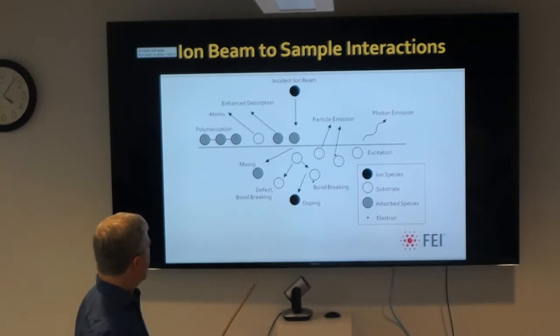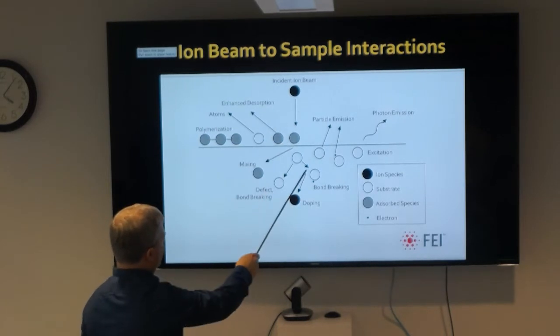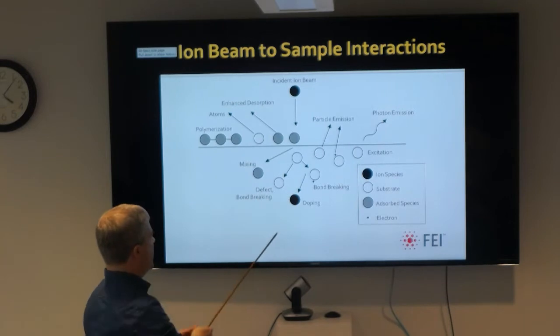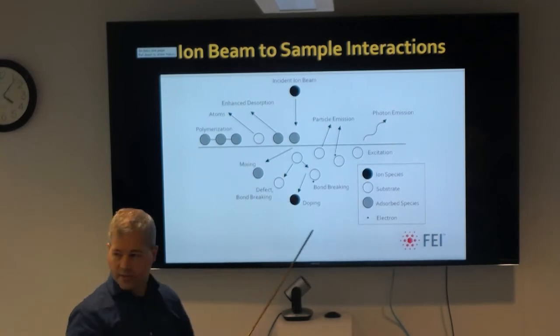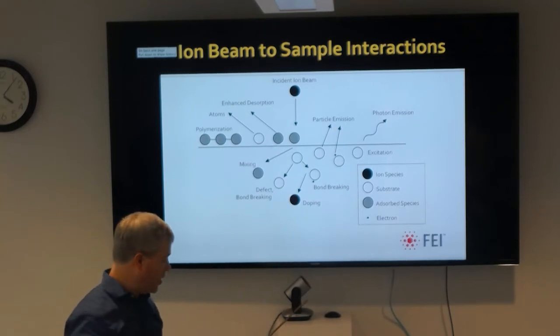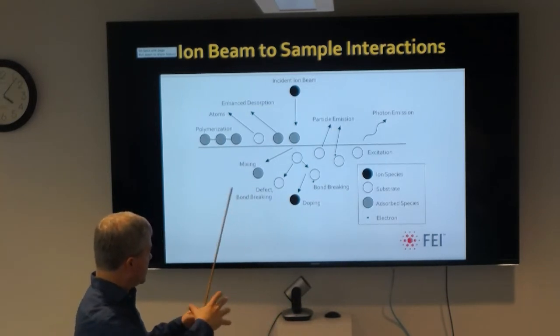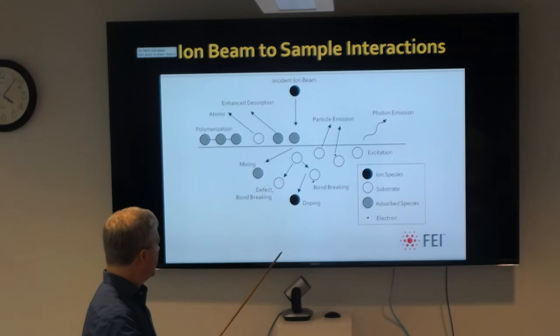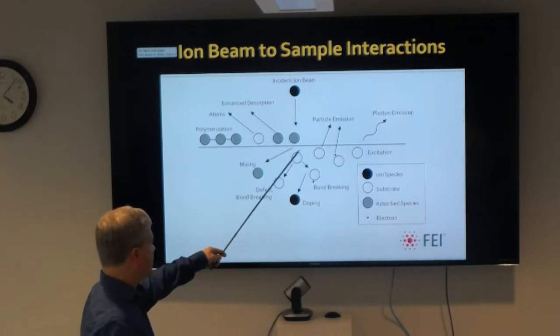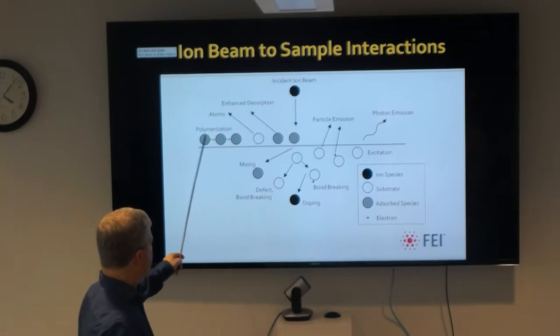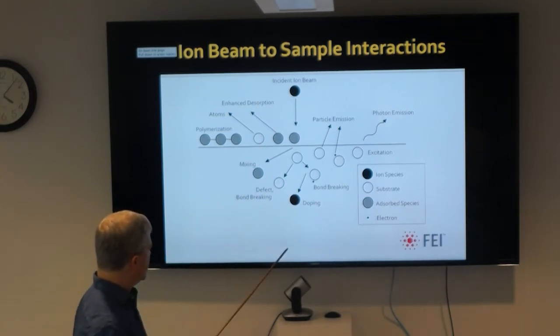The incident ion beam hits your sample and can deposit into the sample, and that's called doping. Sometimes people in the electronics industry use that to dope their sample a little bit with gallium or whatever. Depending on what your sample is made of, it can also cause chemical reactions and polymerization at the surface.